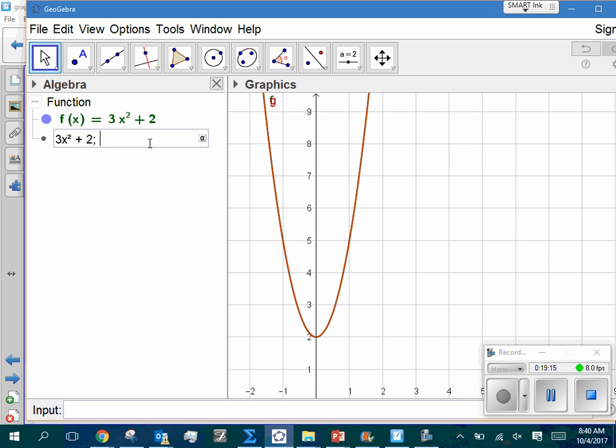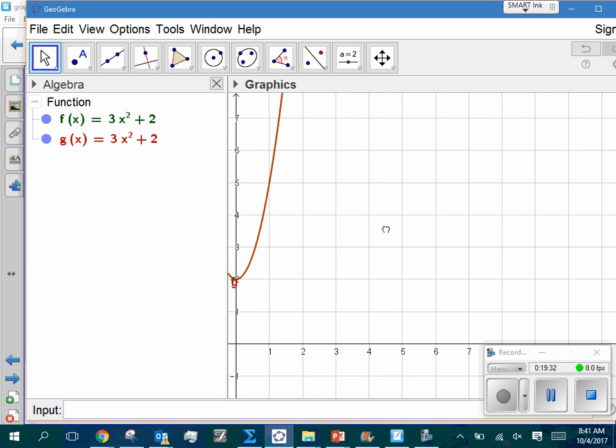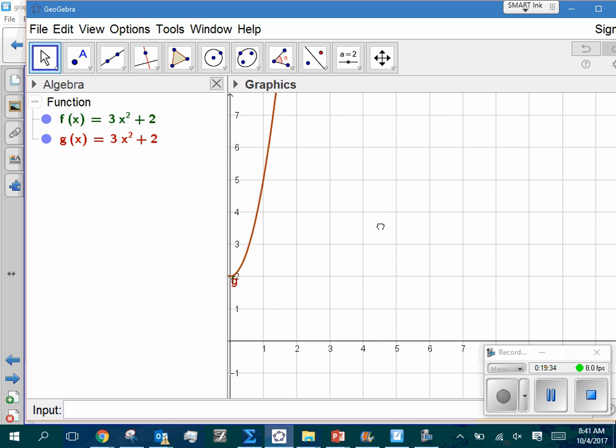3x squared and tell it I only want to use values between 0 and 5. It's not doing that. But if I only want to take values between 0 and 5, it essentially means you're not worried about x values to the left of the y-axis. Does that make sense?